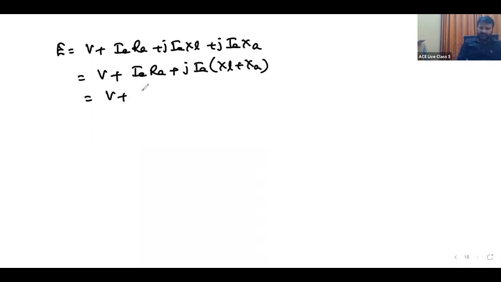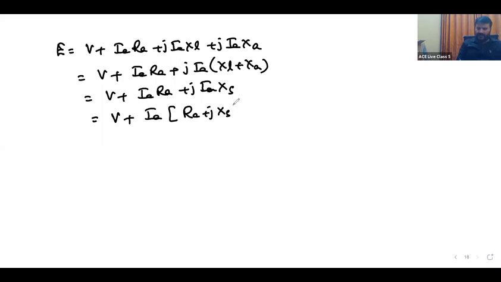That is equal to V plus IARA plus j IAXS, that is the synchronous reactance XS. Which is equal to V plus IA into (RA plus jXS), which is equal to V plus IA into ZS. Finally, you have got E is equal to V plus IA into ZS.